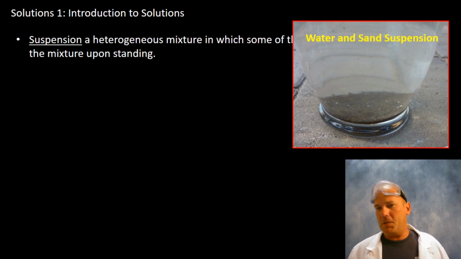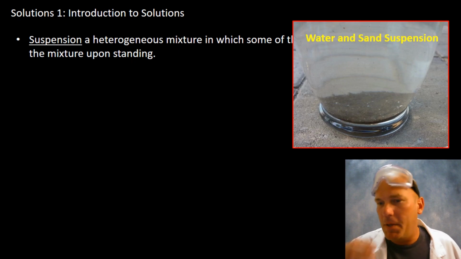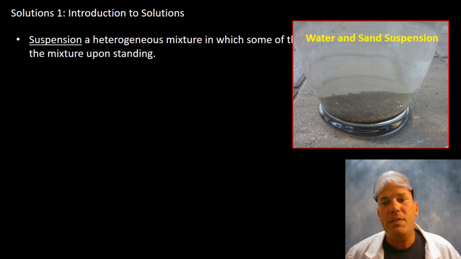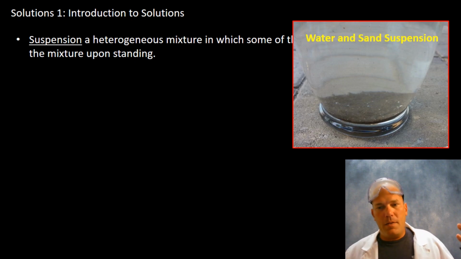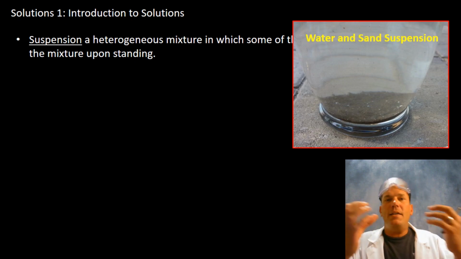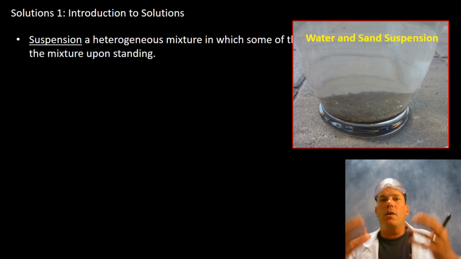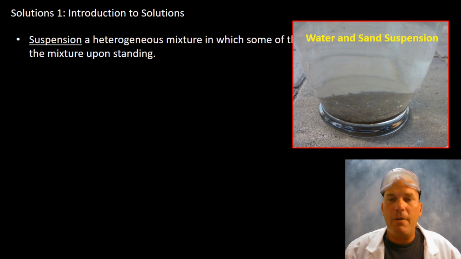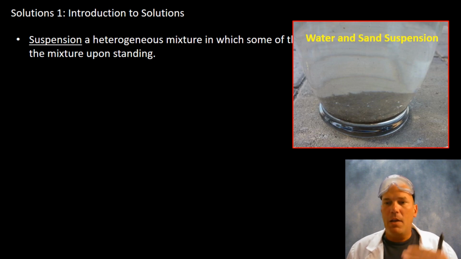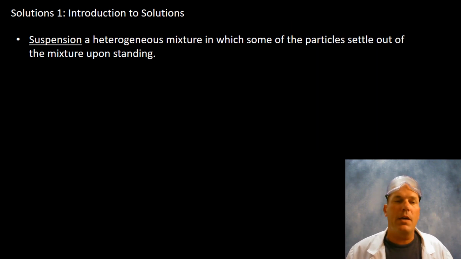That's probably one of the most common examples of a suspension, but over time it will settle out. So there's a big difference between the size of the particle, the sand, and then the solvent, the water, so much so that it is very clear that they separate into two layers, okay?